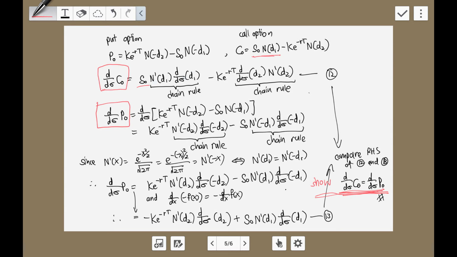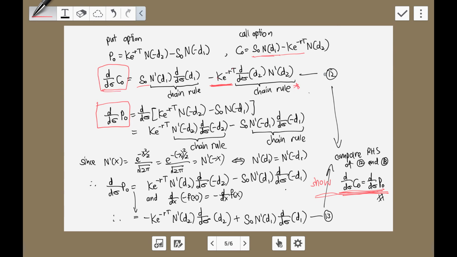Then after that, minus K e^(-rT), I'll keep it because these terms are not functions of sigma, so you just treat it as a constant. And then again, when I differentiate this with respect to sigma, this is still the chain rule. Then we will stop for this one here.